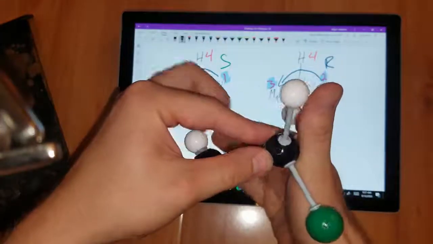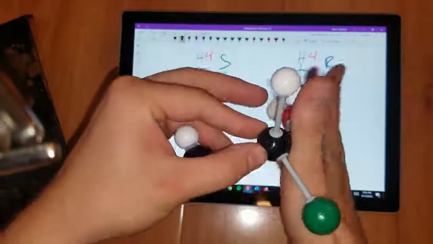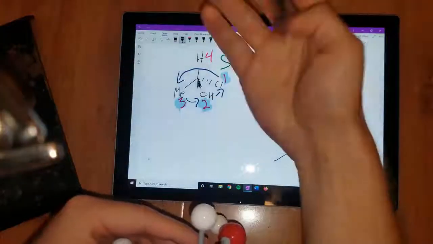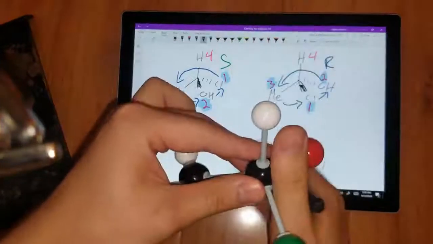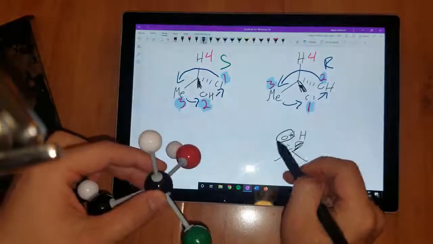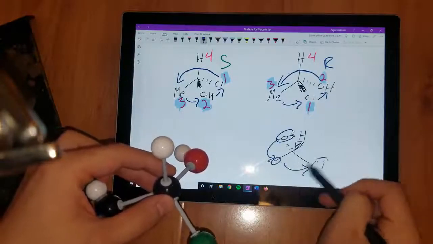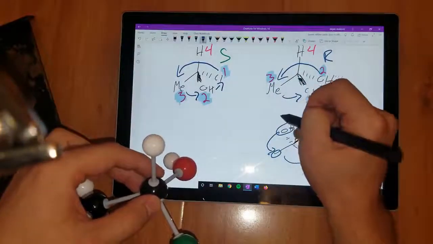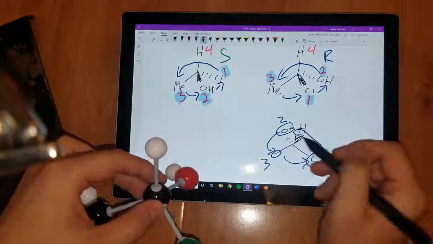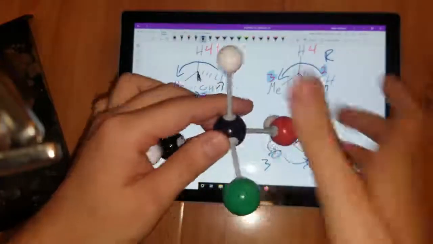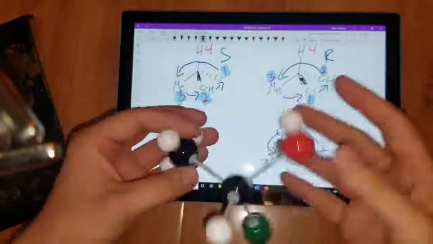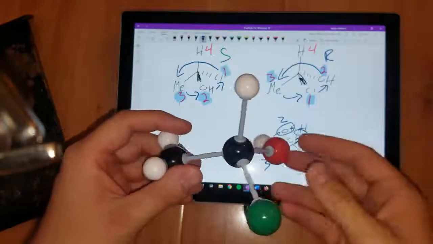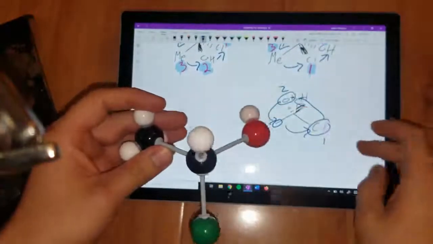And then I curl my fingers. So you can see I'm going from OH to methyl to Cl, and then back around. If I number these, this is number 1, this is number 2, this is number 3. That's correct numerical order, and so it's still R. Just because I rotate it in space, it's still R.